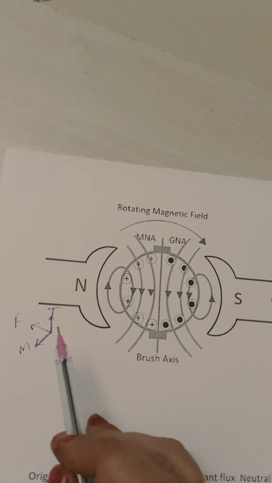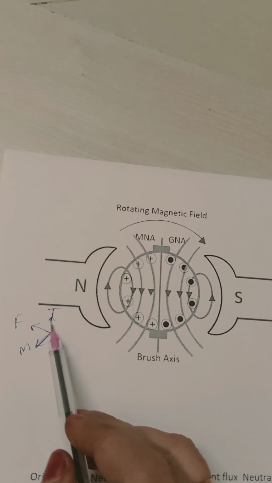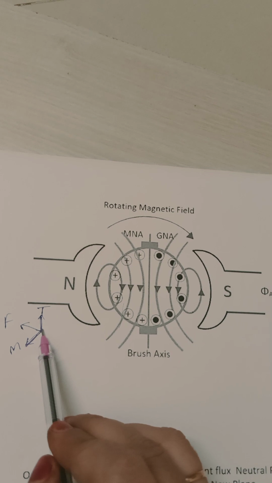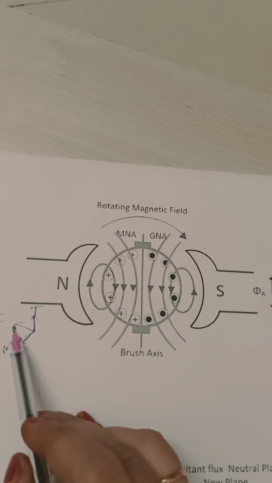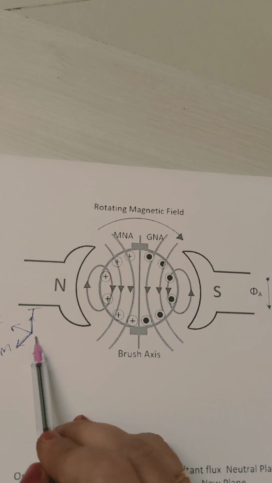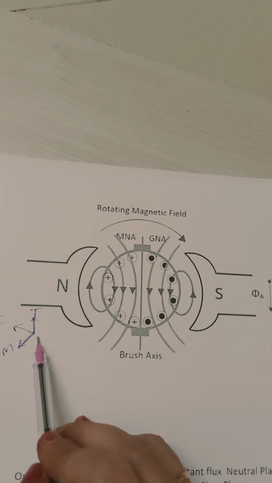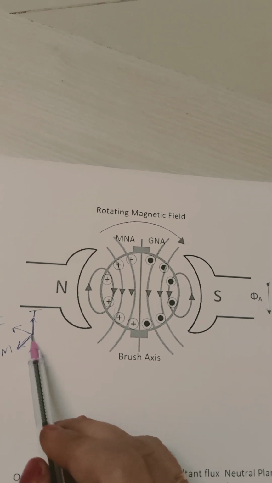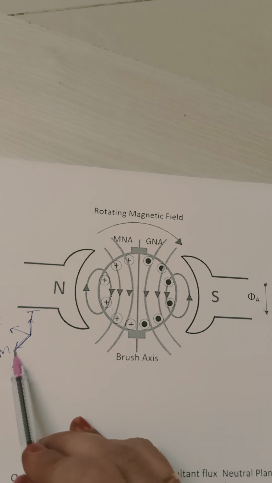This is the direction of the thumb which shows the motion of the conductor, the forefinger which gives the direction of magnetic field, and the middle finger represents the direction of current.